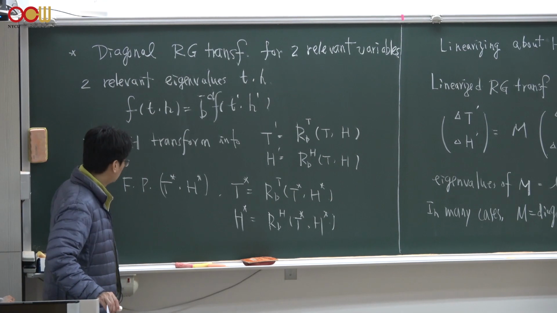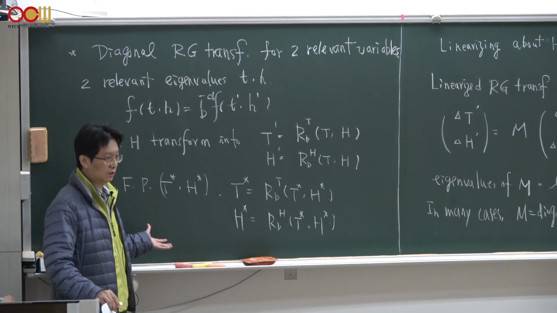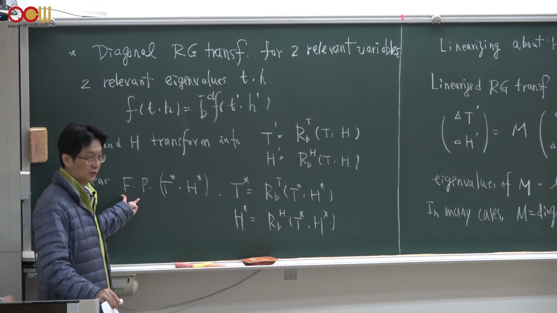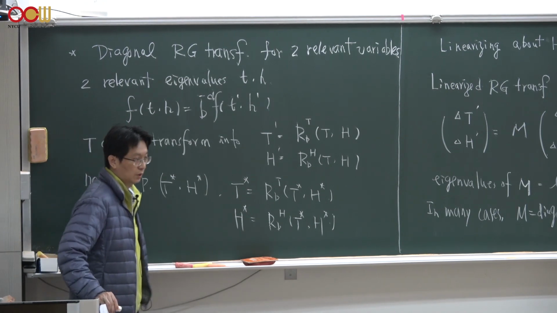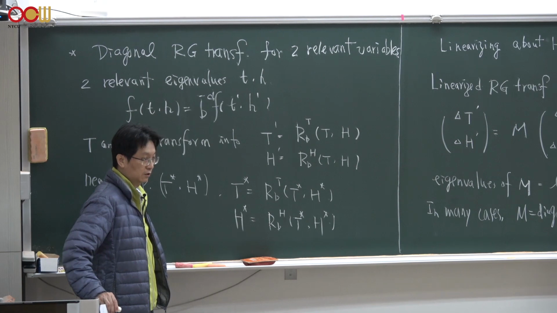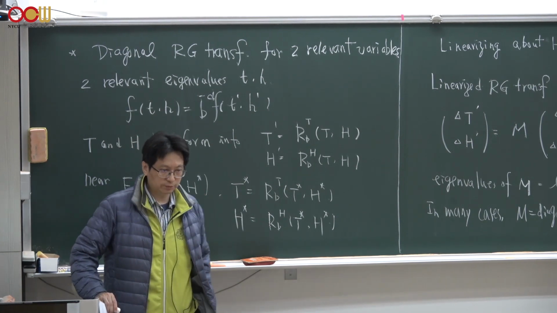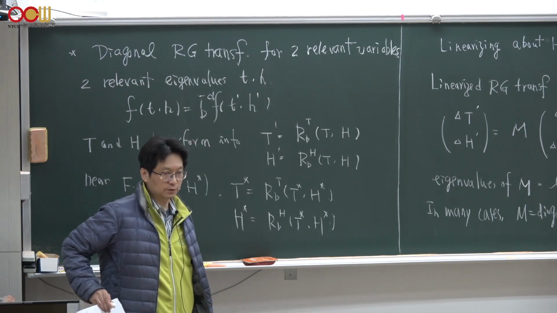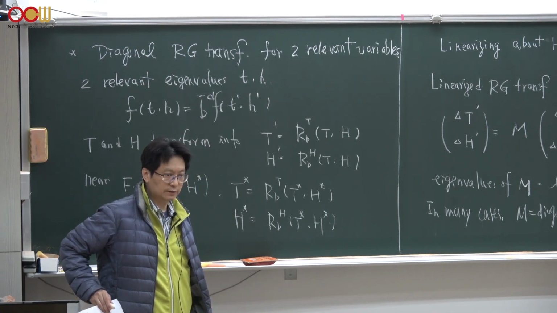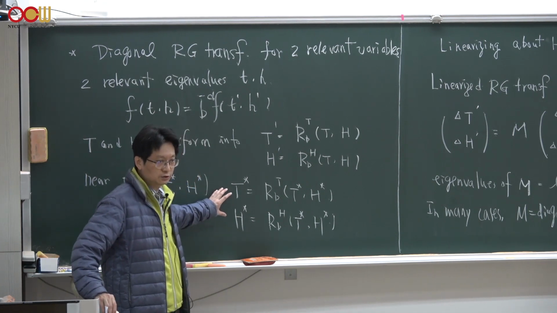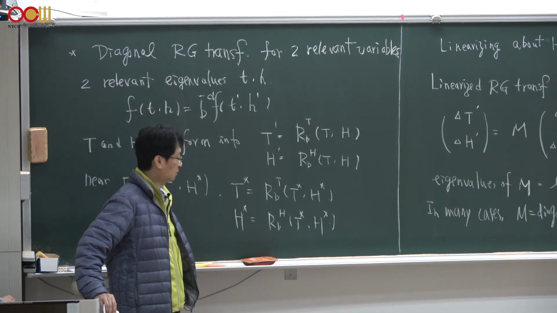And as I described last time, in this RG transformation we will end up close to the fixed point value of these parameters or variables, which we call t star and h star. At this fixed point, if we keep transforming these variables, they won't change their values if they are sitting exactly at the fixed point.